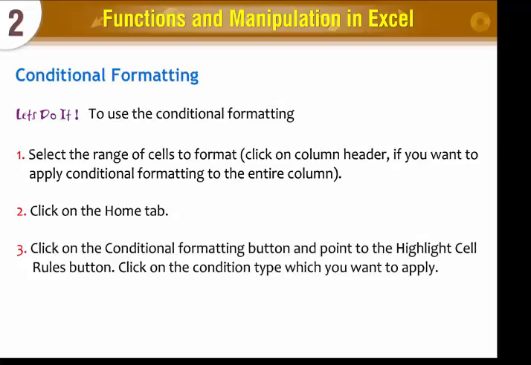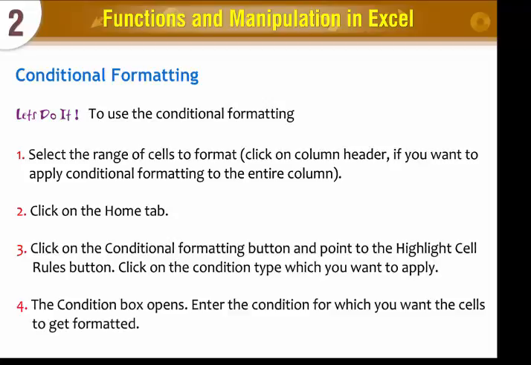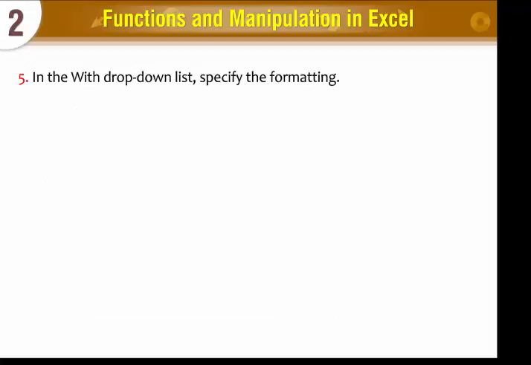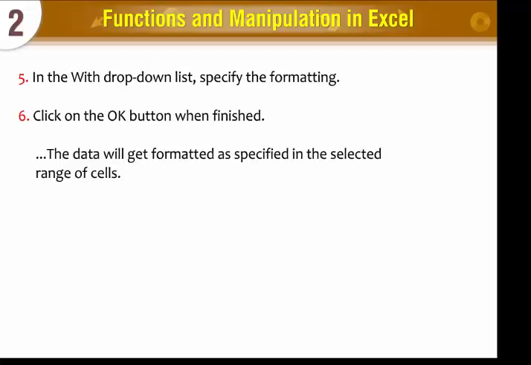Click on the condition type which you want to apply. The condition box opens. Enter the condition for which you want the cells to get formatted. In the With drop-down list, specify the formatting. Click on the OK button when finished. The data will get formatted as specified in the selected range of cells.